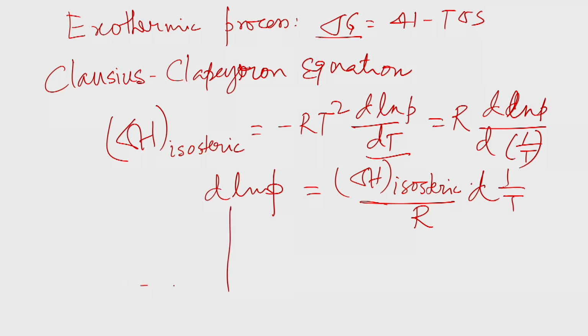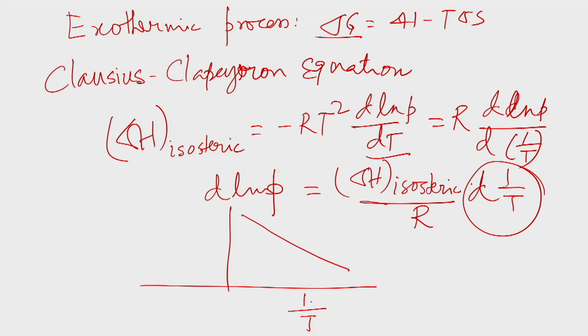So, we will be doing one thing: we will be changing the temperature from T1 to T2. Suppose we plot 1 by T, the differential of 1 by T. So, we will be getting it like this. If we decrease 1 by T, suppose this is for T1 and this is for T2.